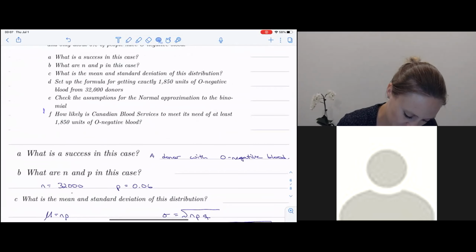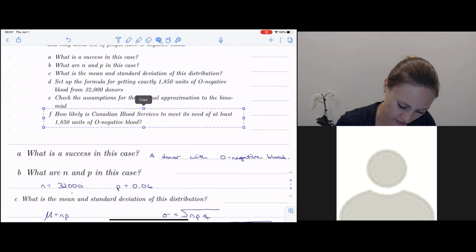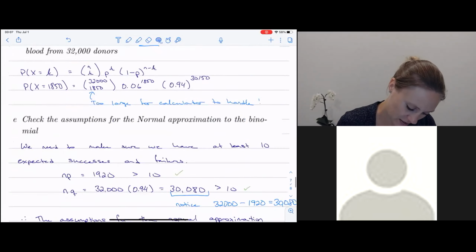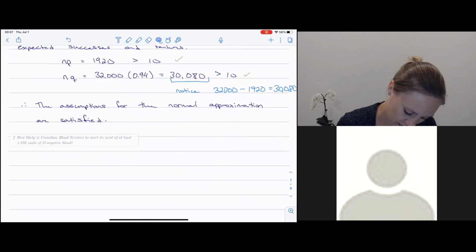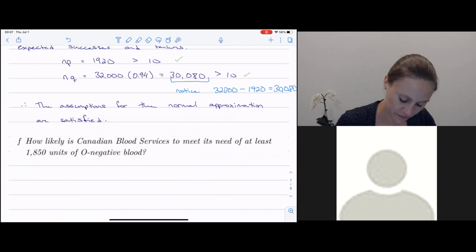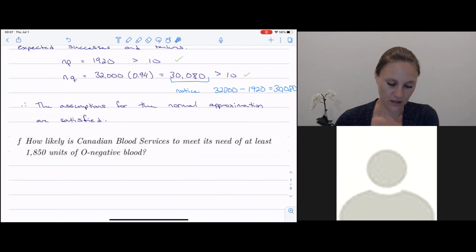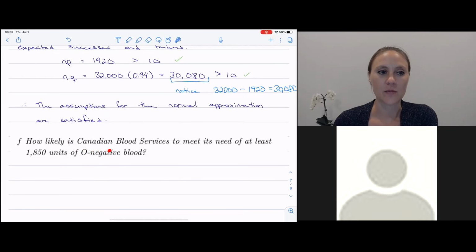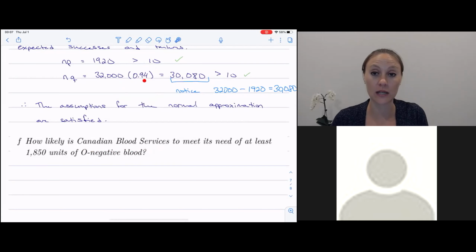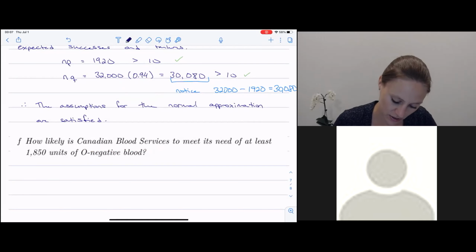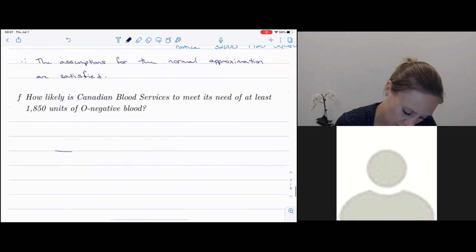So for this last problem, we are going to solve this here. How likely is Canadian Blood Services to meet its need of at least 1,850 units of O negative blood? Okay. So we know from here, we check the assumptions, so we're allowed to use the normal approximation.